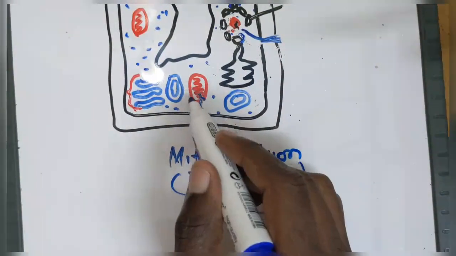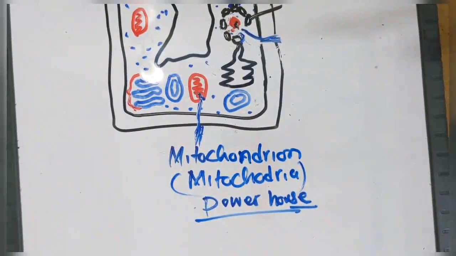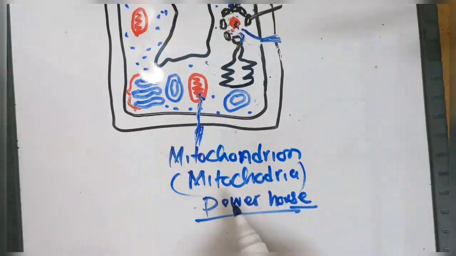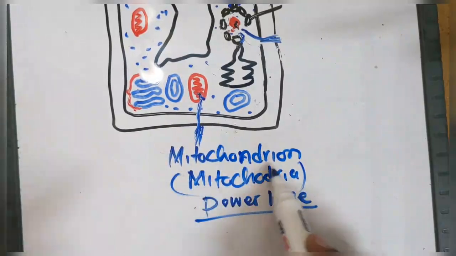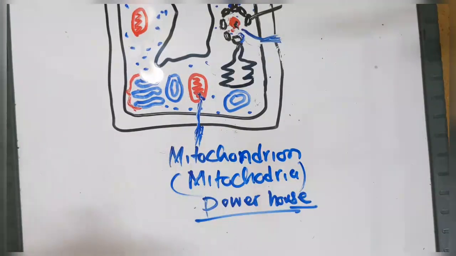It is a rod-shaped, or should I say sausage-shaped, structure, and it is responsible for respiration. In plural they are called mitochondria, singular mitochondrion. So that is what this part is all about.